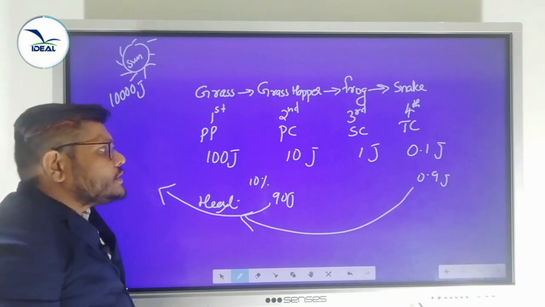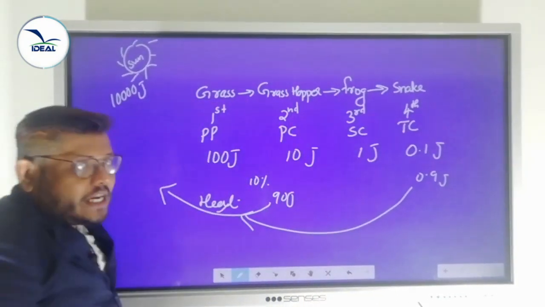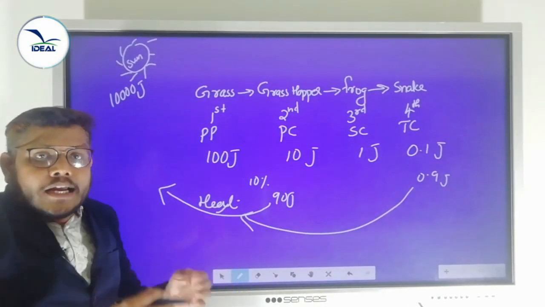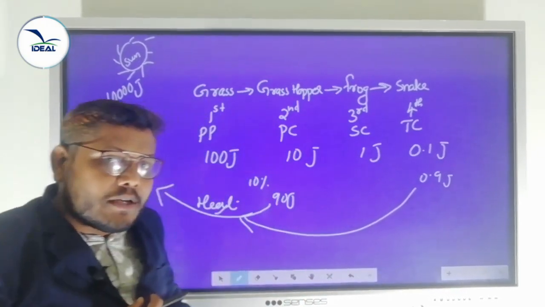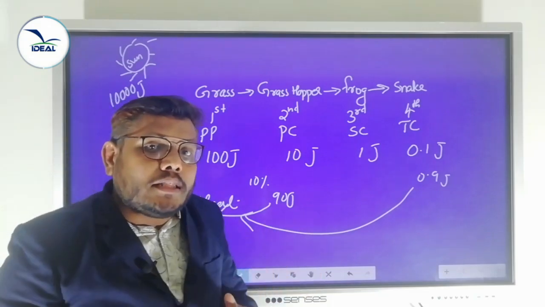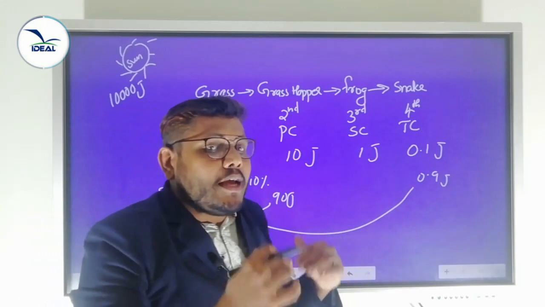Is it clear? So here the energy flow in an ecosystem is unidirectional. We already know that ecosystems obey the first and second laws of thermodynamics. What is the second law of thermodynamics? Whenever energy is transferred from one state to another, there is a decrease in the amount of usable energy.